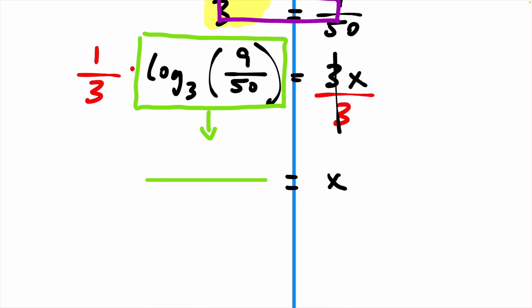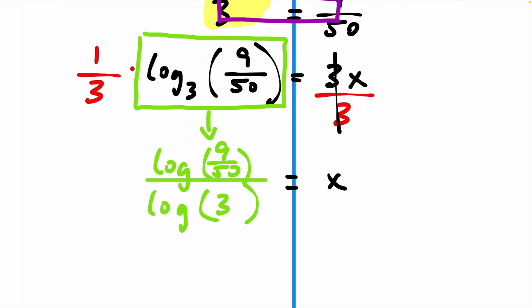So how do I change that so that my calculator can take it? What goes on top of the log? 9 over 50. The bottom is the base, right? And then we bring the 1/3 down.